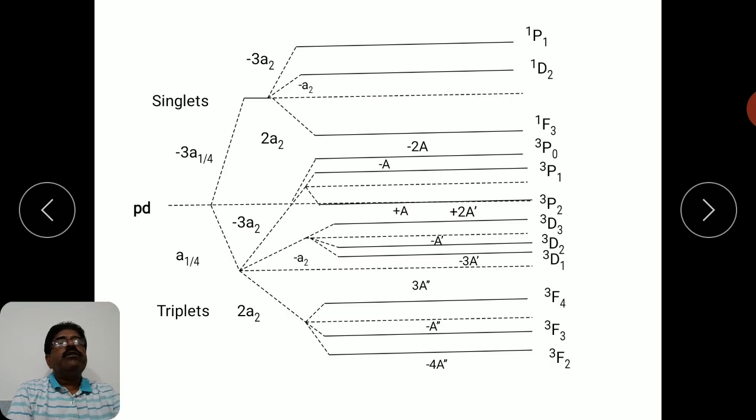Okay, so these are the quantities which are represented here in this particular diagram, and S is equal to 0, therefore singlet, and S is equal to 1, therefore triplet here. So this is how the different terms for the PD configuration which we have already derived. You can see 1P1, 1D2 and 1F3. These are the singlet terms and these are all triplet terms.